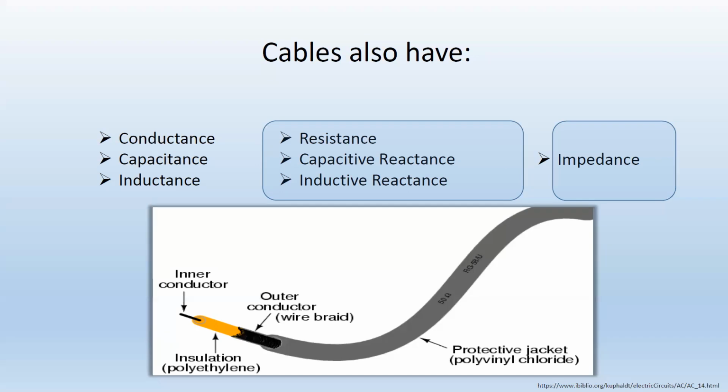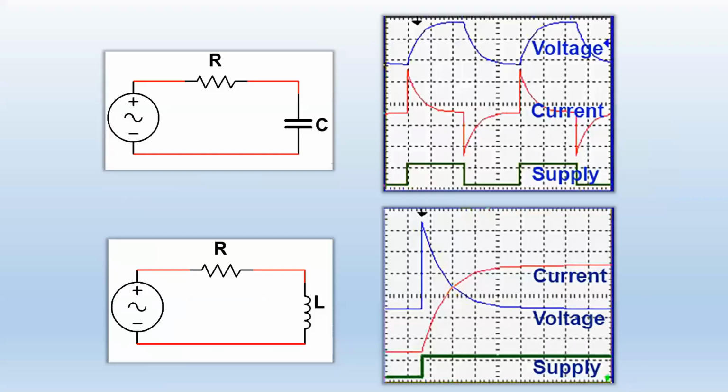We established that when we connect a capacitor in series in a circuit and we put an alternating current source, we get a slightly different effect than if we put an inductor, coil or solenoid, same thing, in the circuit.